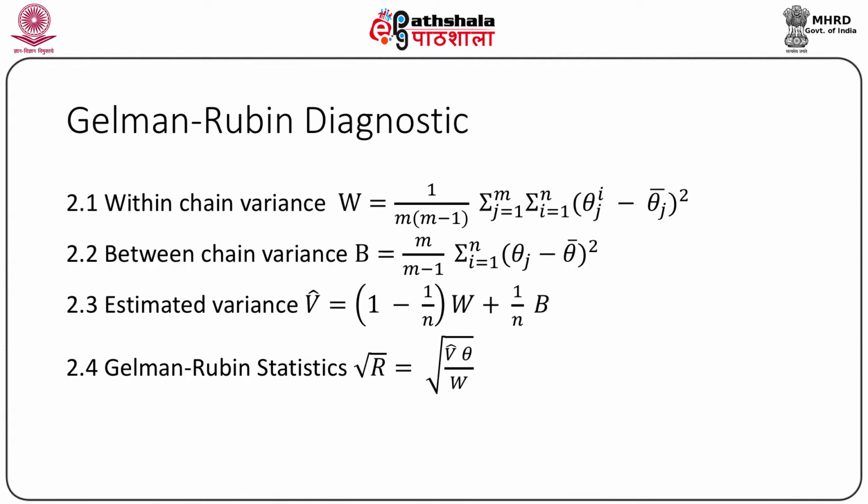One is the within-chain variance W, then the between-chain variance B, we estimate the variance V hat theta, and then the Gelman-Rubin statistic is defined as square root of R, which is the square root of V hat theta divided by W. The detailed formulas are given in your notes.